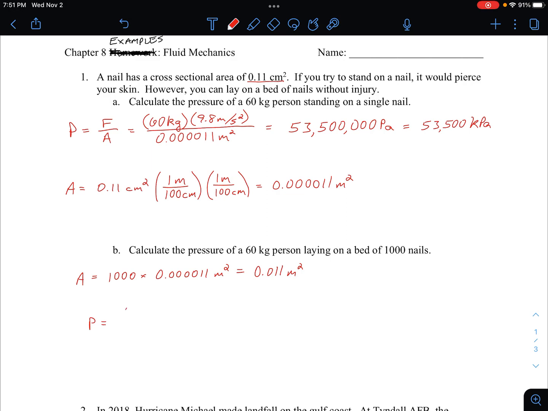So with this new area, we can calculate the pressure of this person laying on the nail bed. And this is 60 kilograms times 9.8 divided by the area.